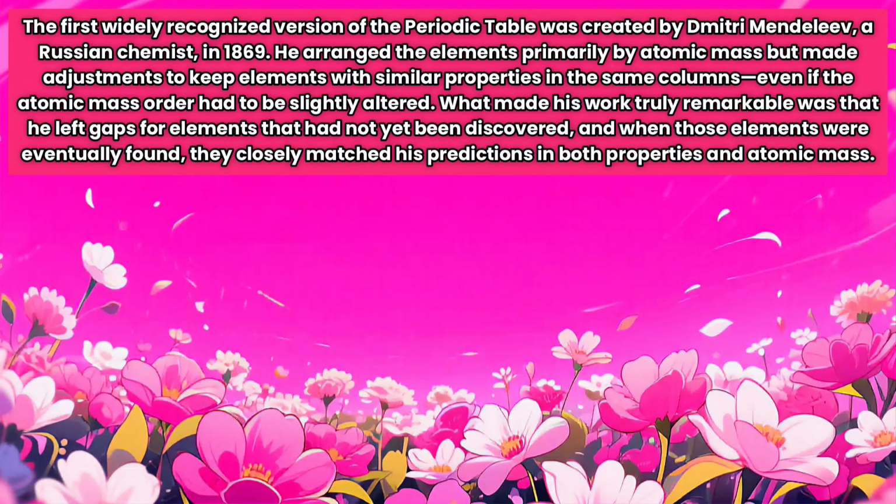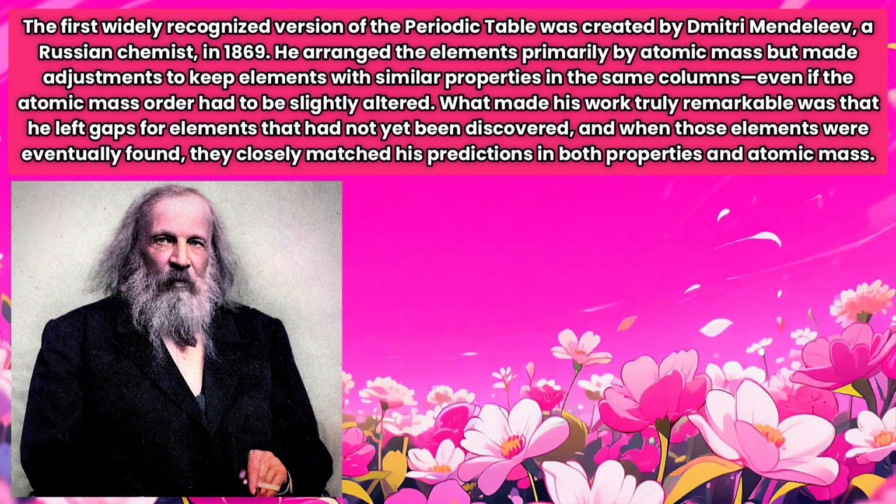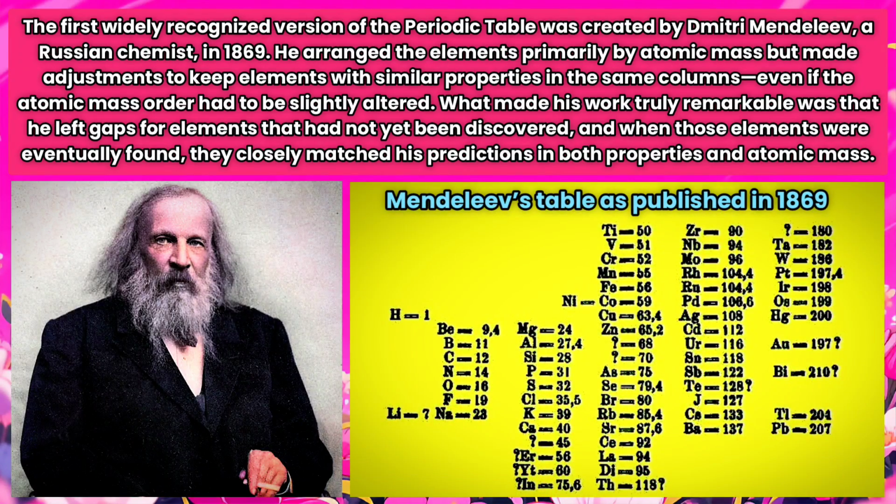The first widely recognized version of the periodic table was created by Dmitry Mendeleev, a Russian chemist, in 1869. He arranged the elements primarily by atomic mass, but made adjustments to keep elements with similar properties in the same columns, even if the atomic mass order had to be slightly altered.